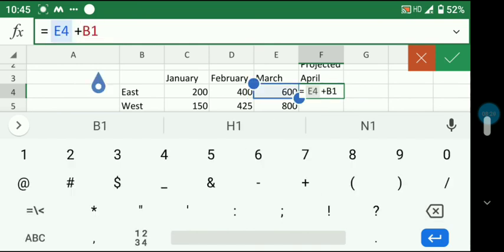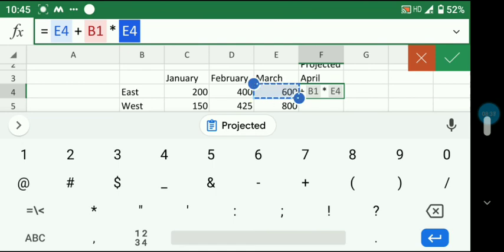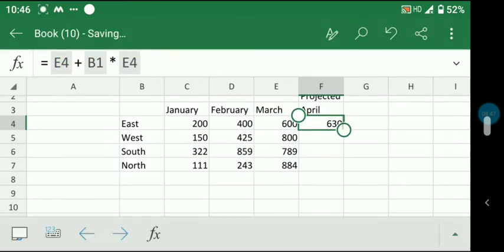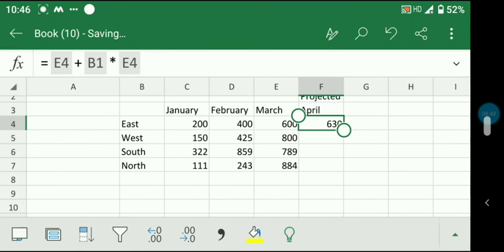So the formula is March sale plus multiplier into the sales achieved in March. So I have written the formula, and if you press enter, you are getting the value 630.